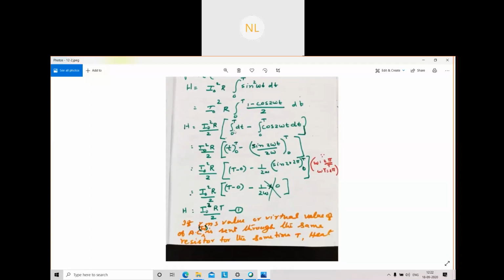So when AC is sent through the resistor for a time period T, capital T, this is the heating effect produced. Then we find out a steady value corresponding to the AC. That is known as effective value or virtual value of AC, and that is always steady.